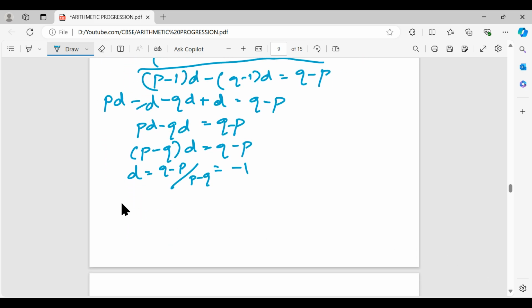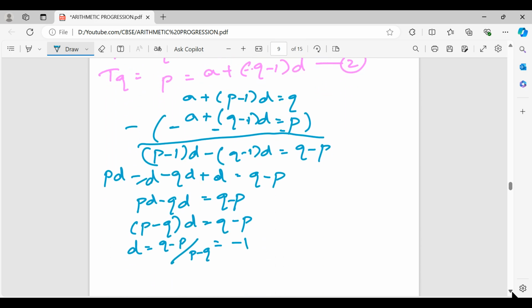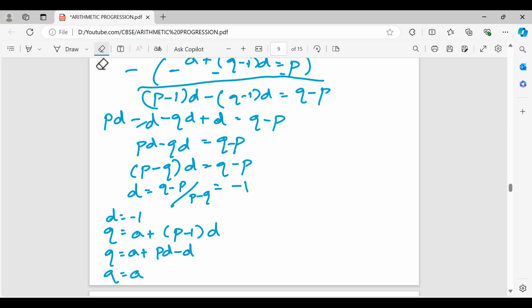you can substitute it and find the value of A also. So we can substitute it in one of the equations: A plus (P minus 1) times D is equal to Q. So we will substitute D equal to minus 1 in Q equals A plus (P minus 1) times D. We can just change it here itself.